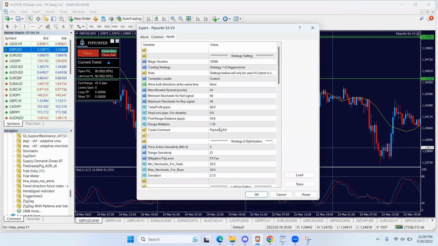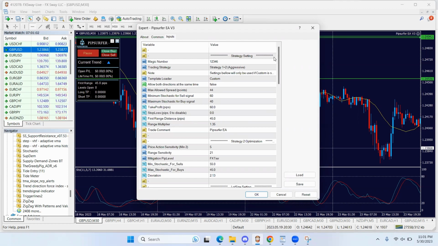So after range, you have range multiplier. So what that means is, on range multiplier, it will adjust. The range multiplier will take the 45 pips. So you go from level 0, which is the first trade, to level 1, which is the second trade.